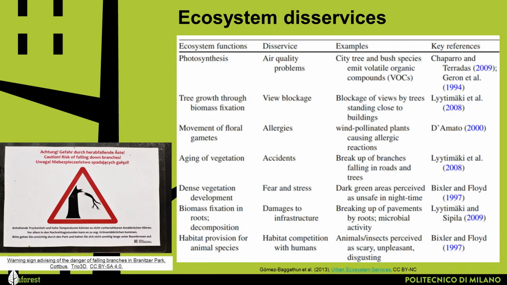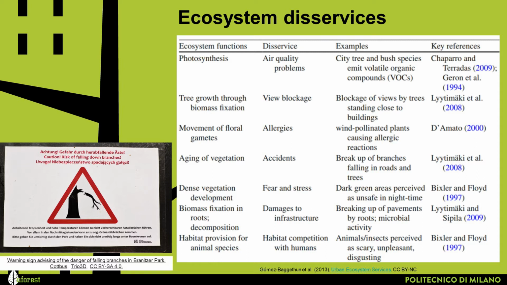Some examples of ecosystem disservices are the reduced air quality due to volatile organic compounds emitted by trees, or a reduced capacity for air pollution dispersion in streets with lots of trees, the so-called urban canyoning effect. Some trees also produce pollen, which have a negative effect on people with allergies. Some people perceive reduced aesthetical quality when trees block views.